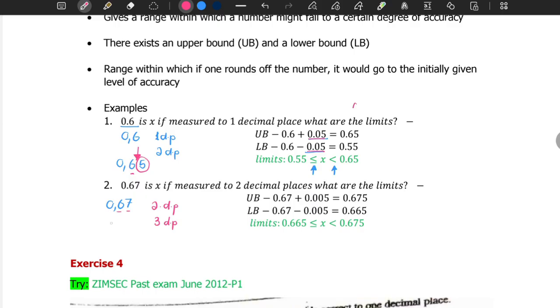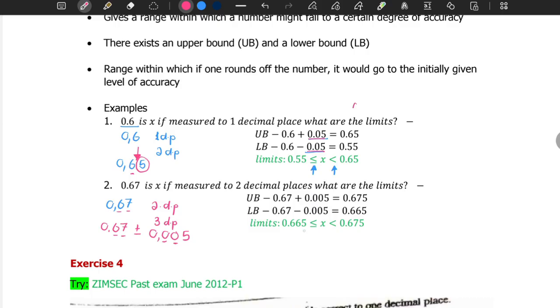In this case, it's going to be 0.67 plus or minus 0.000 with the 5 in the third decimal place, because that is the digit we have to round up or down to get the upper bound and the lower bound.